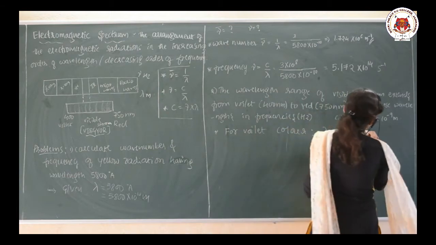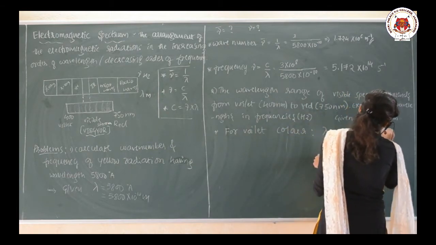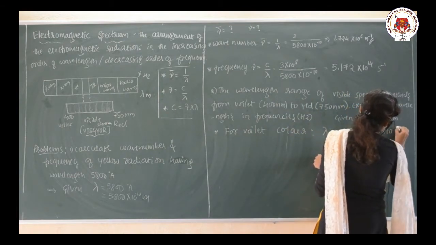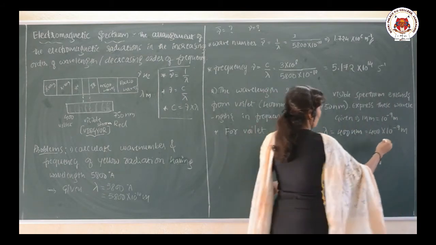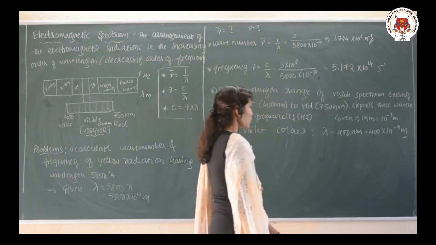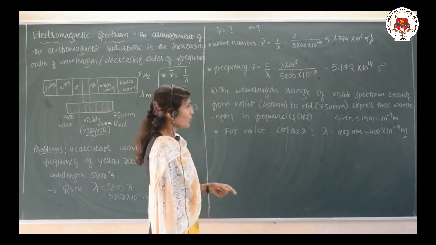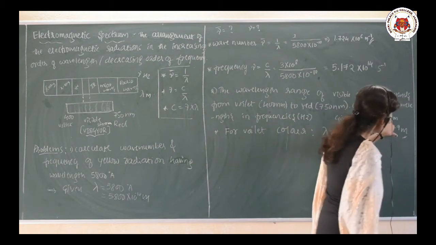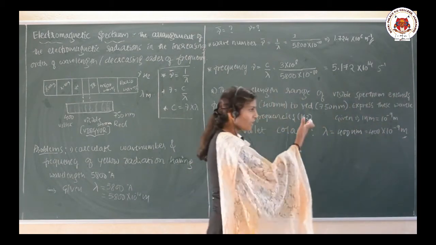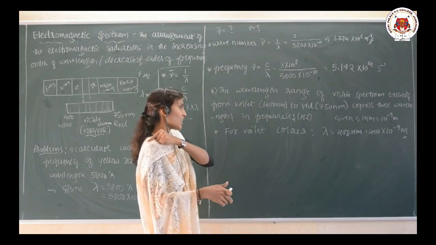So, 400 into 10 to the power minus 9 meter. This is the conversion of the nanometer wavelength, because they have already mentioned 1 nanometer means 10 to the power minus 9 meter. So, that is 400 into 10 to the power minus 9.